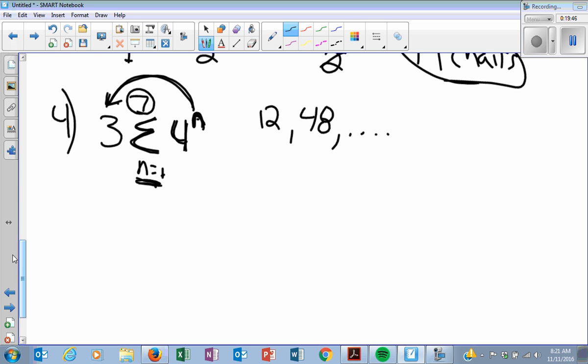First thing I need to understand is what kind of series is this? Is it arithmetic or is it geometric? I know it's geometric. How do I know? Something is to a power, which means it's repeated multiplication. Since it's repeated multiplication, I decided that this was geometric, and since this is geometric, I'm going to use whose formula?